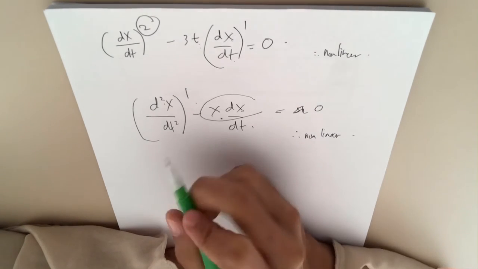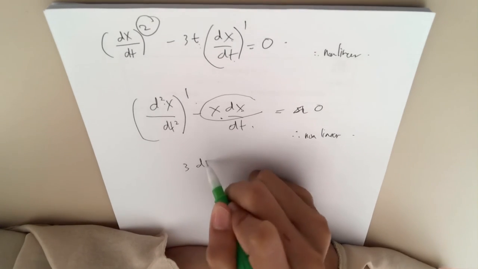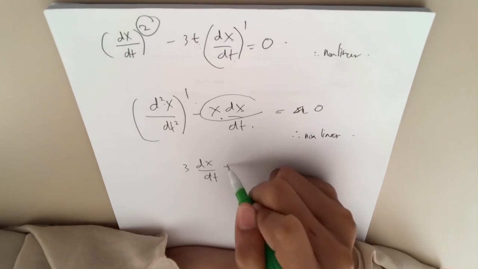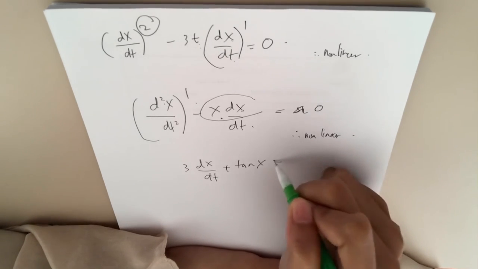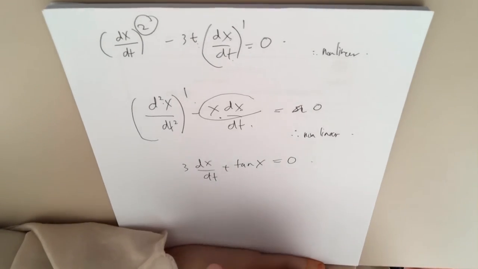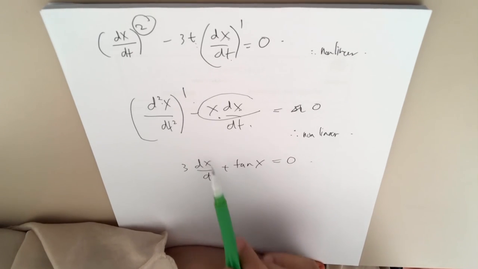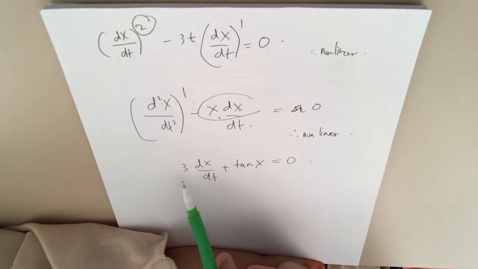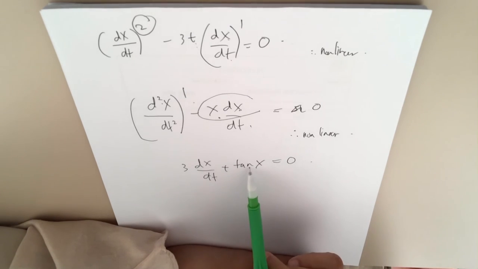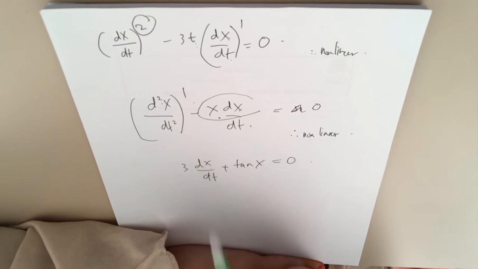Okay, the last one. For example, you have 3 dx/dt plus tangent x equal to 0. So we check the dependent variable here is x. The first term here is multiplication between x and 3. 3 is a constant, so it's okay. And then the power is also 1. So it's okay, and this is the linear equation.